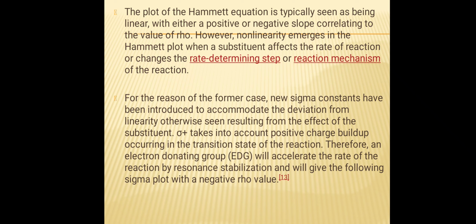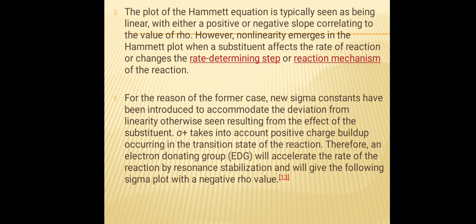Sigma plus takes into account positive charge buildup occurring in the transition state of the reaction. Therefore, an electron donating group will accelerate the rate of reaction by resonance stabilization and will give the following sigma plot with a negative rho value.